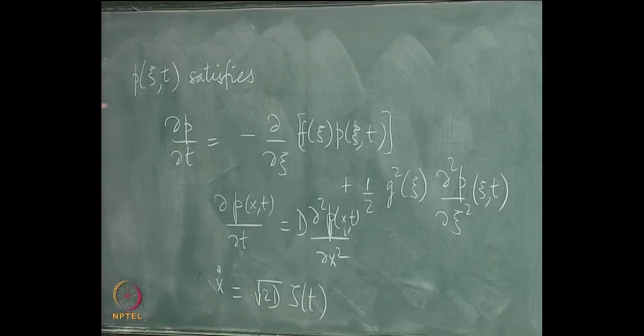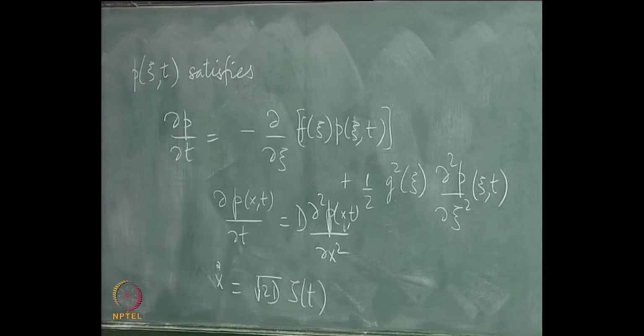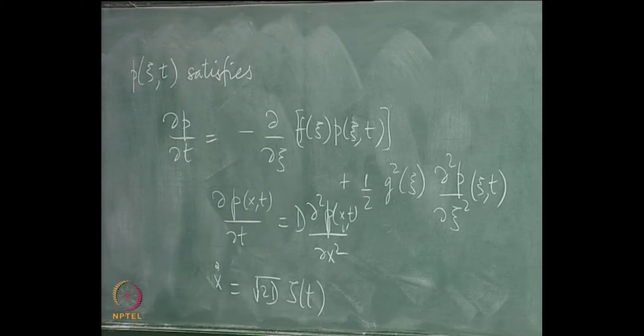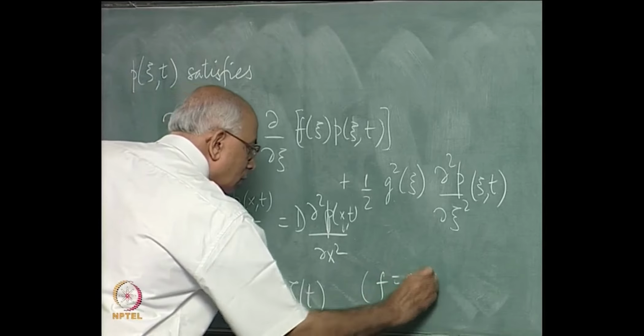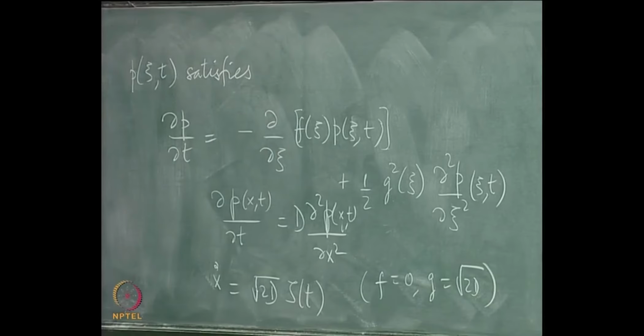If you put G equal to square root of 2D, then half G squared is in fact D, and that is what we had. So f equal to 0, G was just a constant, and this tallies with what we already know.